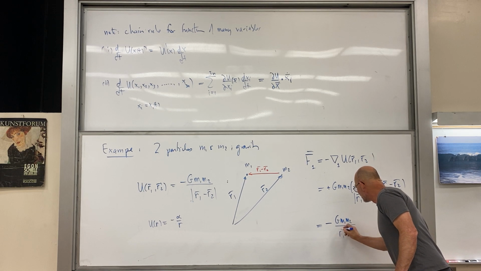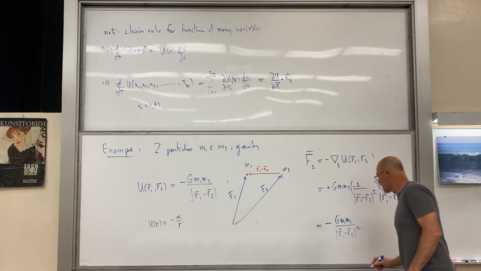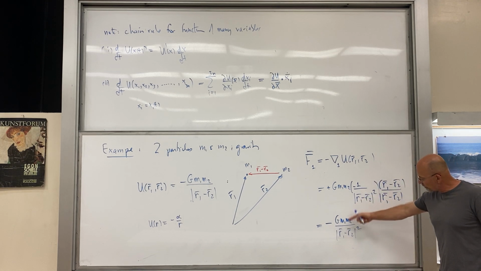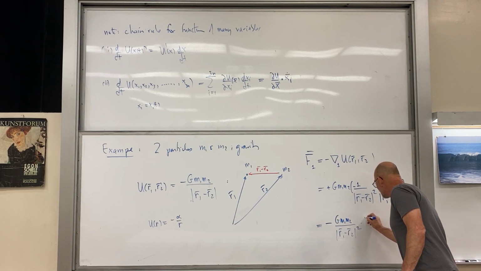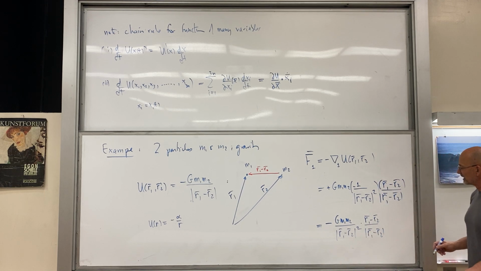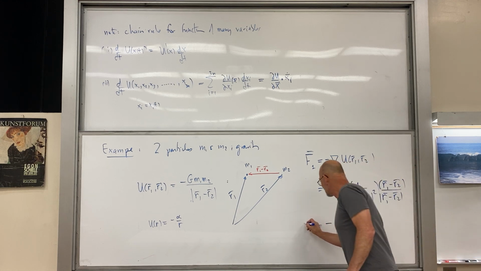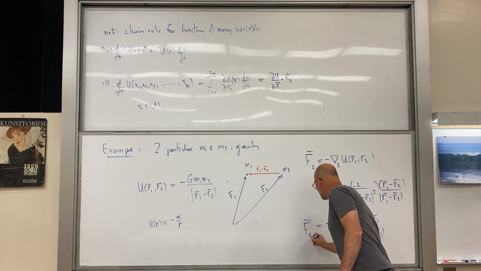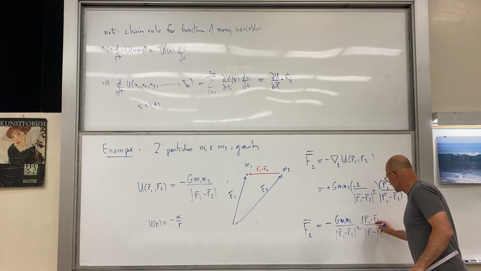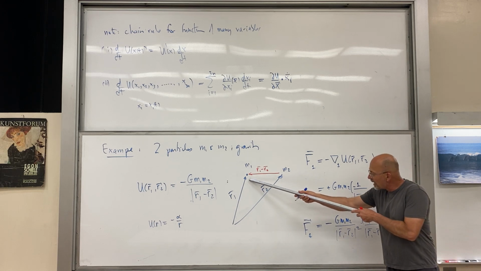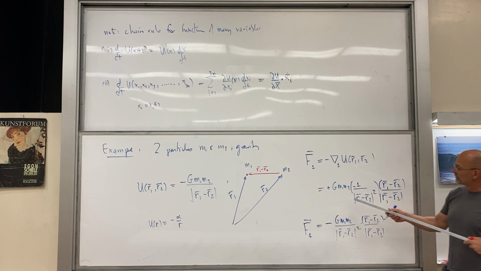R1 minus R2 squared. So that's the 1 over R squared law, just the separation distance squared. And this here is a unit vector, R1 minus R2 divided by its magnitude. We start running into a bit of bookkeeping here, but the meaning should be really clear. So this is F1, and that minus sign means it is, here I'll put parentheses around here, pointing in the opposite direction of this R1 minus R2, so that's fine.